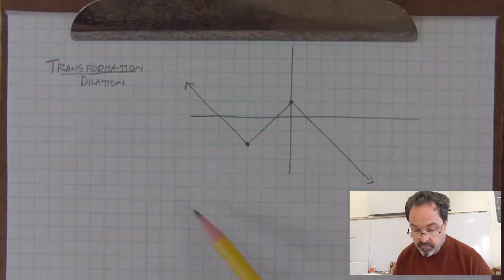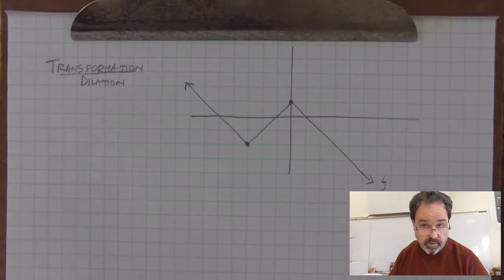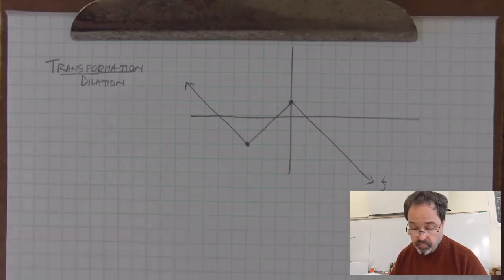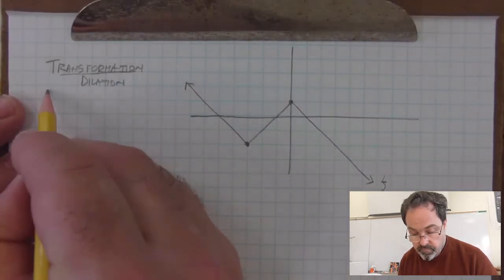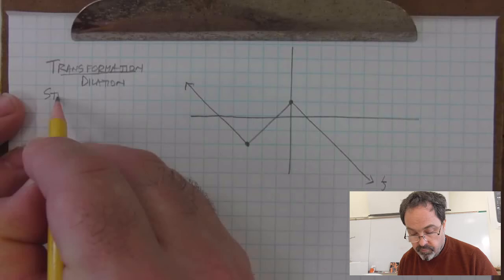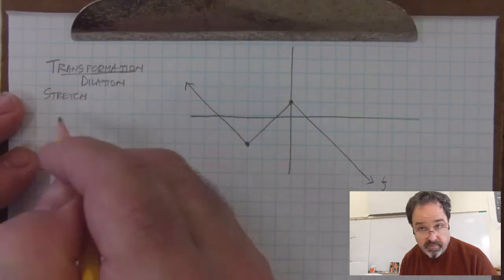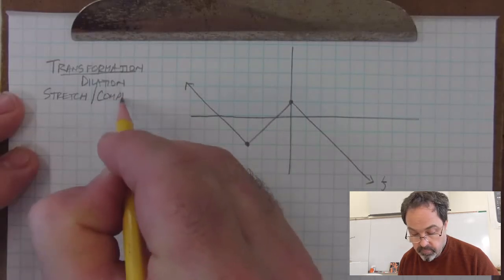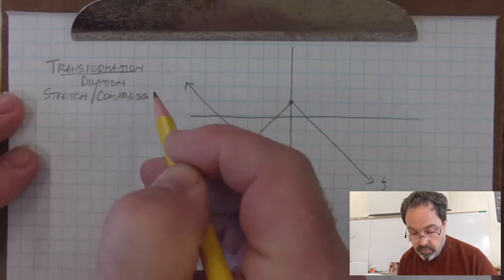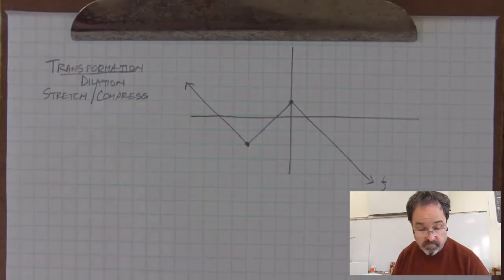I have a graph of a function I'm going to call the f function, and I'm going to use it to show transformations. Dilations can come in two forms. We can stretch, which elongates distances, or we can compress, which reduces or shrinks distances.